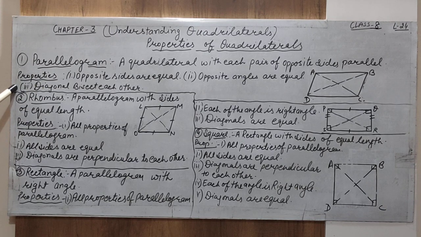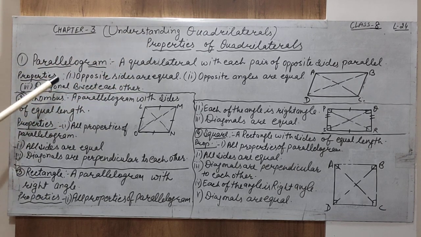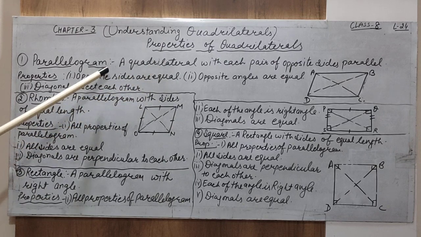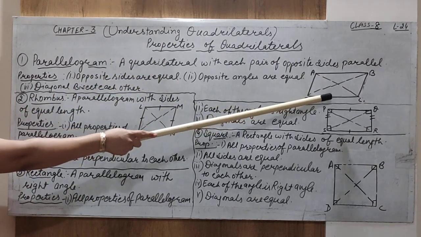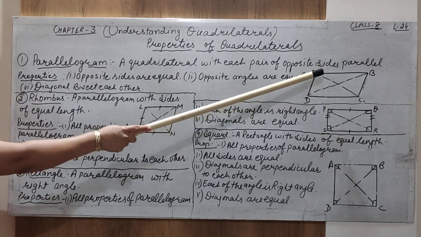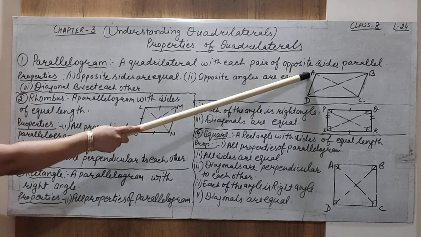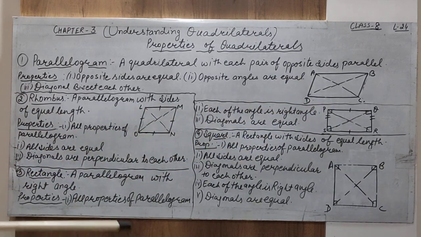Now properties of the parallelogram. These properties are used to solve questions related to the parallelogram. First property, opposite sides are equal. In a parallelogram, the opposite sides are parallel as well as equal. That is, side AB is equal to side DC and side AD is equal to side BC.